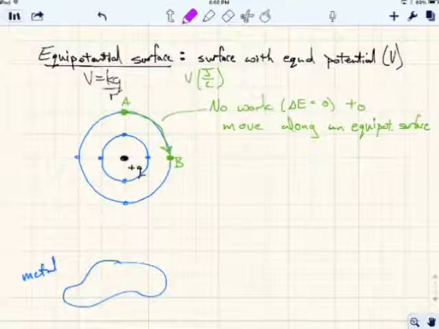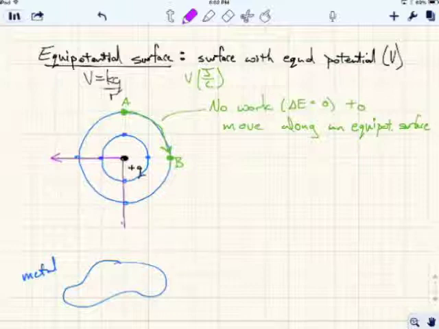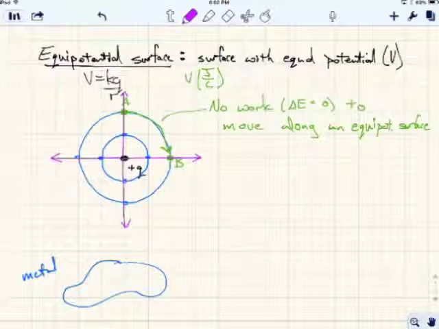Now I can draw the electric field around this charge Q, and we know that the electric field extends radially outward because it's a positive charge. So it's going to go like that, or it will go like this at points in between.